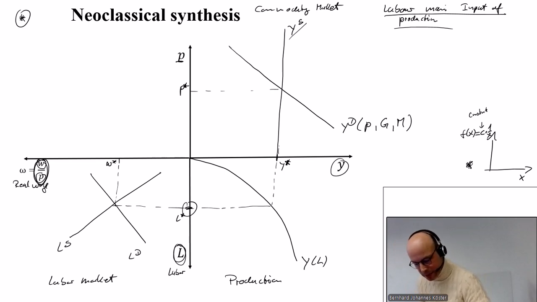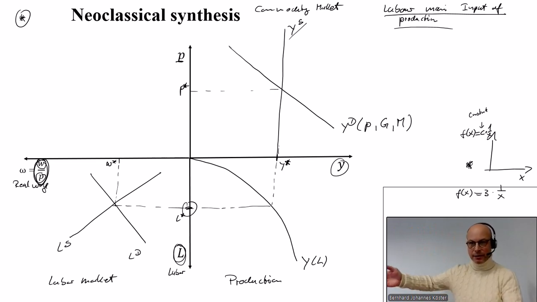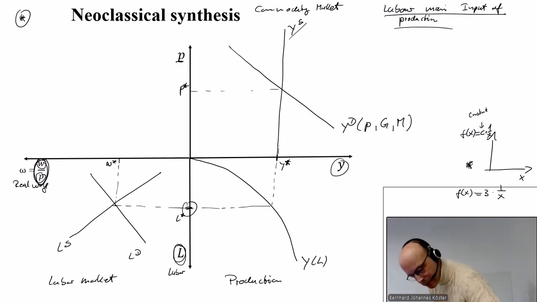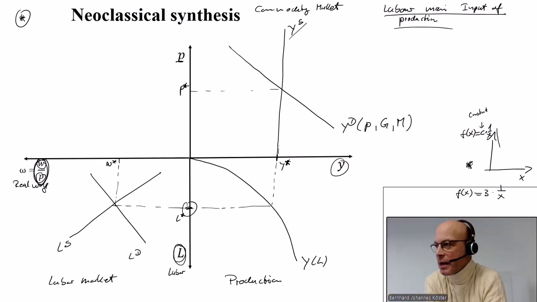And here to the right we have x. So how does a function, for example, 3 times 1 over x look like? If you go to the left, it's going upwards, yes. So I'm coming from here. And if I'm going to the right, what happens to this function?